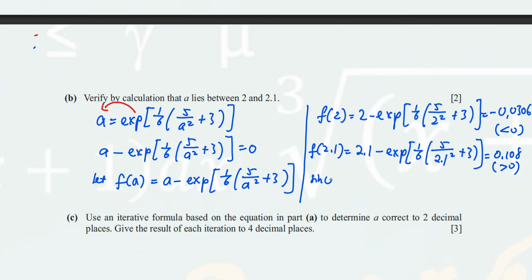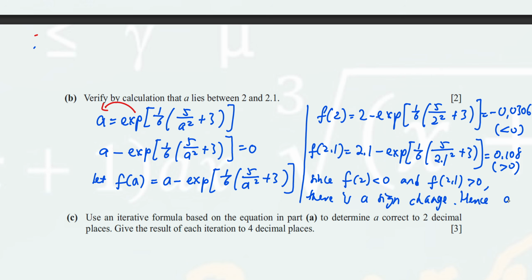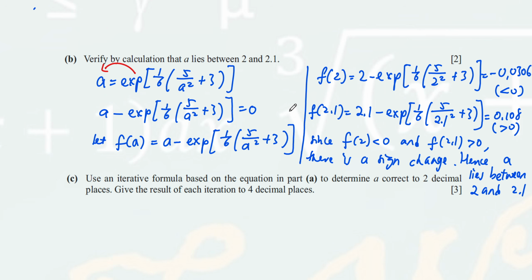Since f(2) is less than 0 and f(2.1) is greater than 0, there is a sign change. Hence, a lies between 2 and 2.1. So this is how we verify.